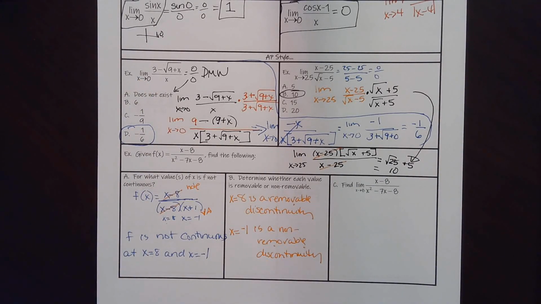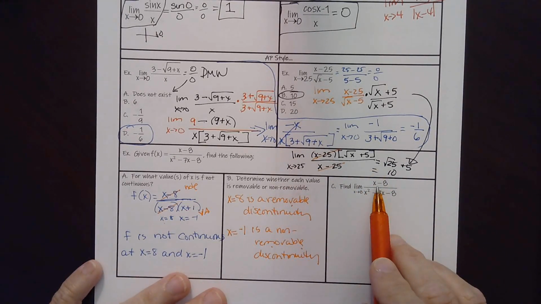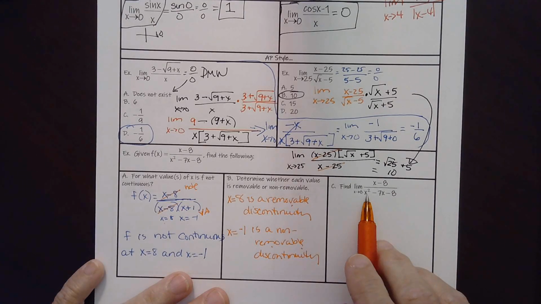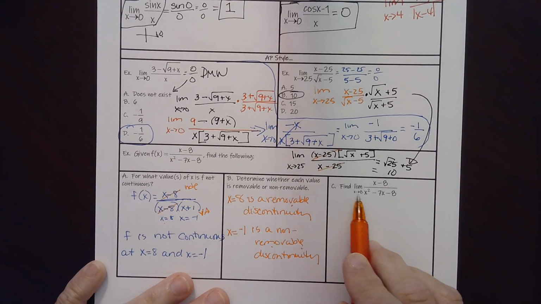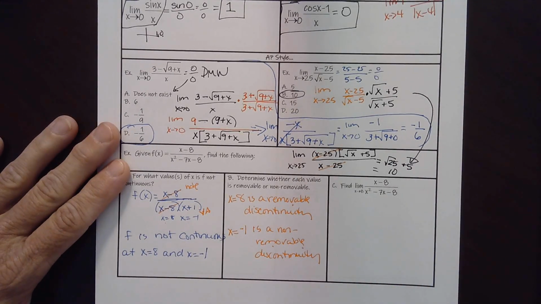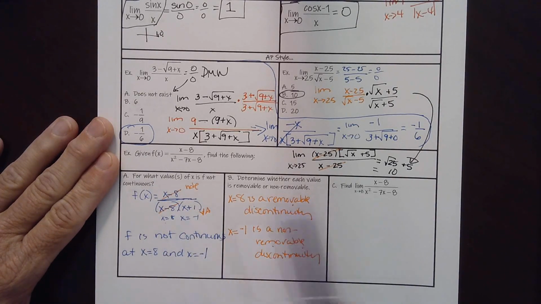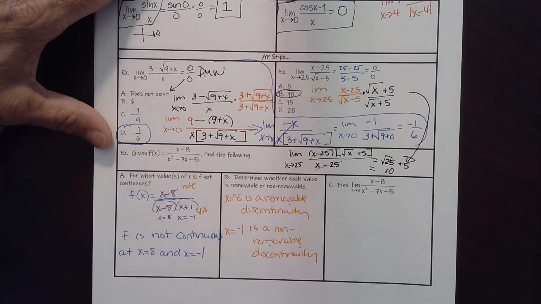Okay? All right, and then a third part to this particular FRQ problem would be to find the limit of x minus 8 over x squared minus 7x minus 8 as x approaches 8. So a lot of the work has already been done. We've done a lot of the work that we need to do for this already.